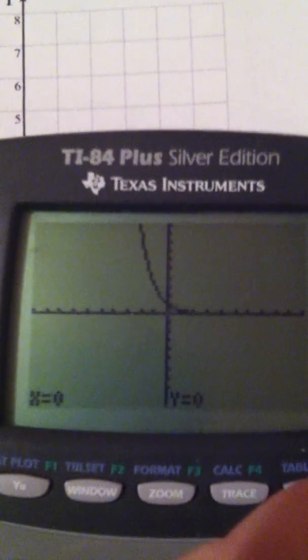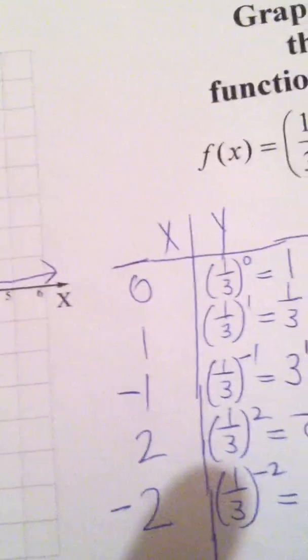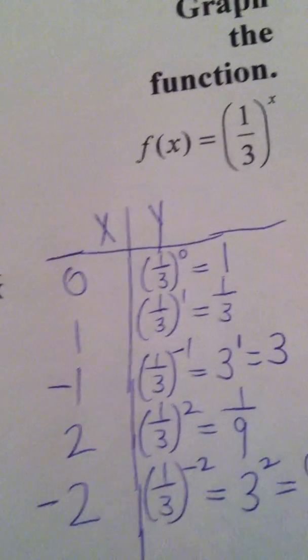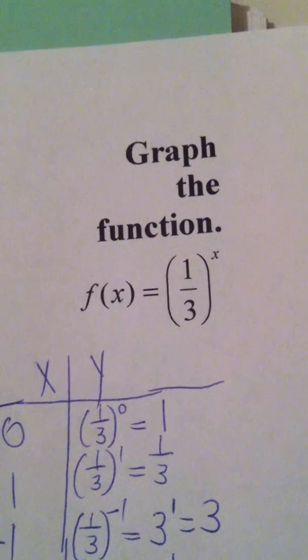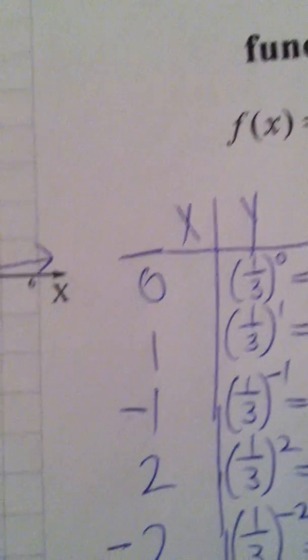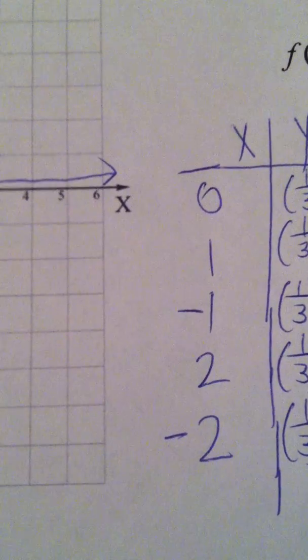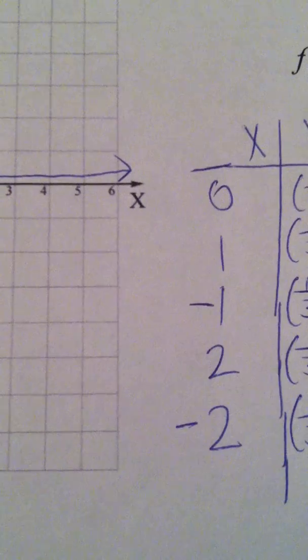Let me move the calculator out of the way. Here's our function, and you can choose anything you want to for x. I just picked the points 0, 1, -1, 2, and also -2.